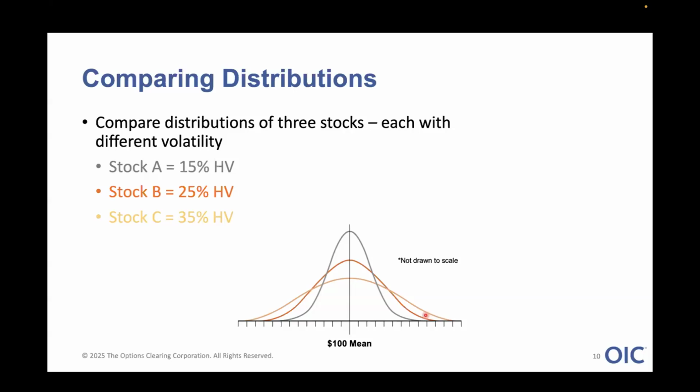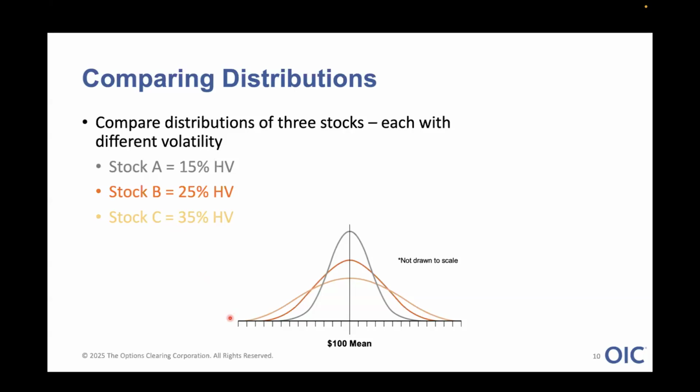But what if I said stock A is reporting earnings tomorrow and stock C reported earnings yesterday? Well, it could very well be that the options on stock A are more expensive than the options on stock C.